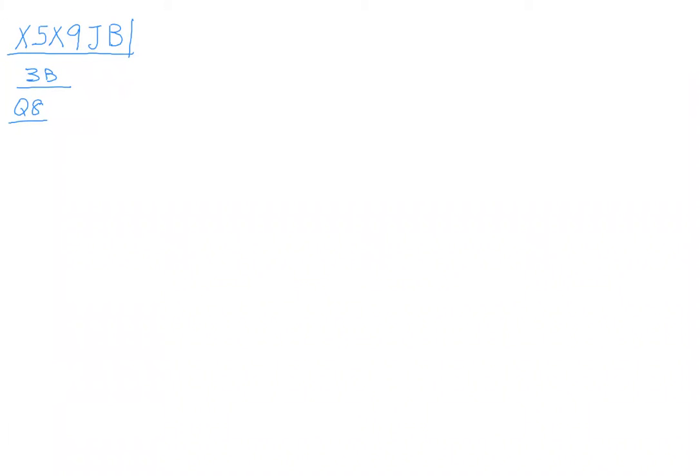Okay, so 3B question 8, the question looked like this. f(x) equals (x plus k) over (x squared plus k). It is decreasing for all values of x.